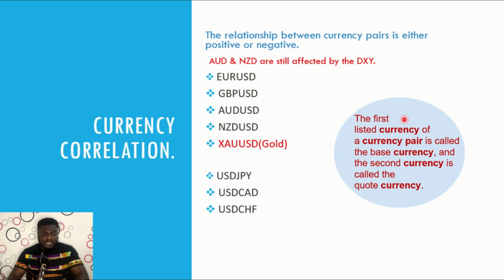There's a legend here which says that the first listed currency of a currency pair is called the base currency, and the second currency is called the quote currency. So we have USD as the first currency in this pairing, which is the base currency, and we have it as the second currency in this pairing, which is the quote currency.